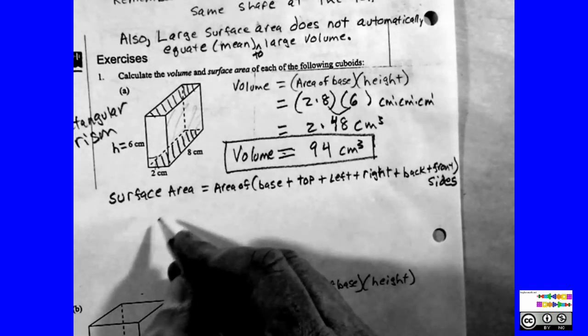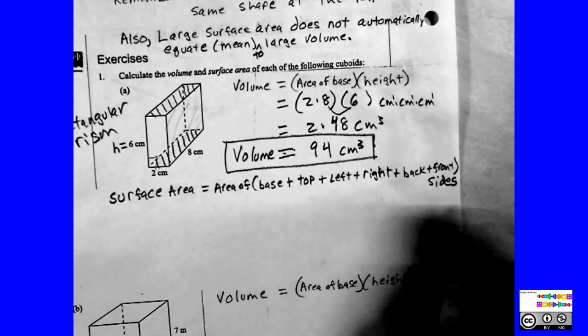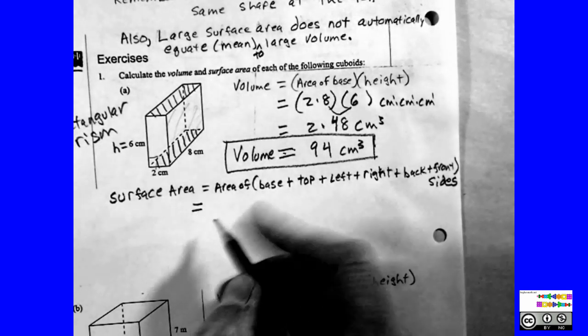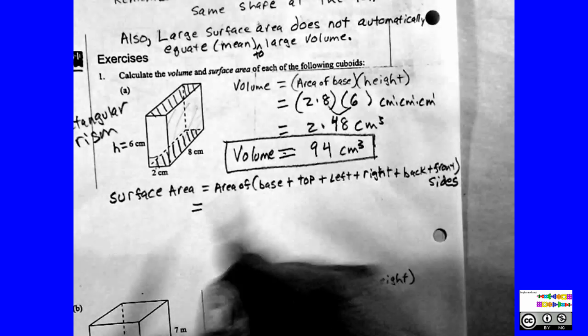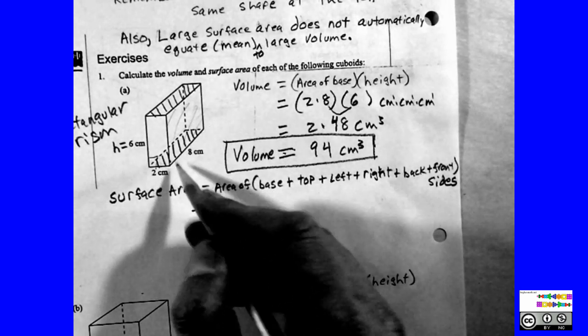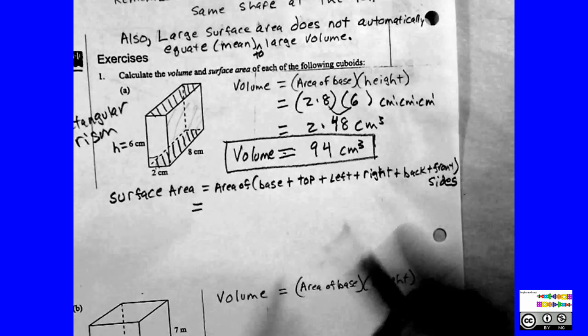So let's see what we get here. I'm going to move this equal sign over a little bit. The area of the base, we already figured out, was 2 times 8, and the top is the same.